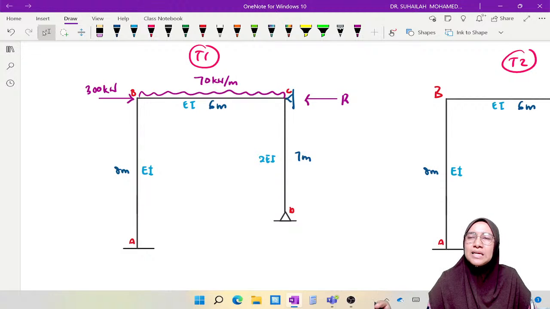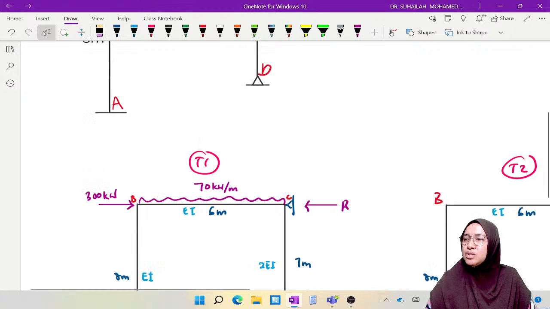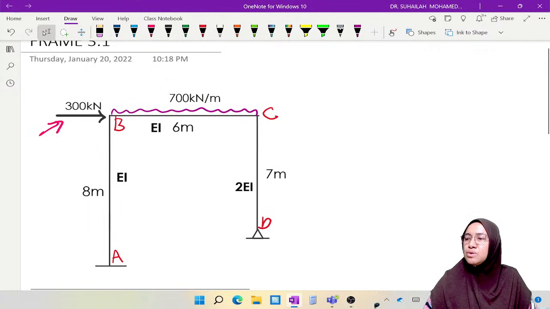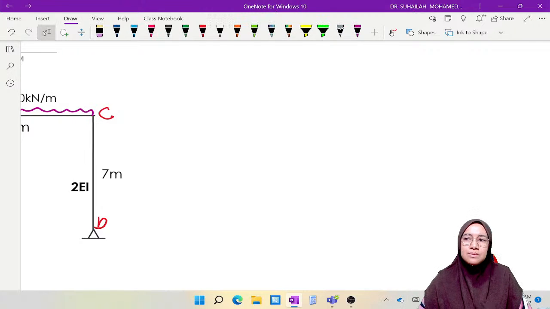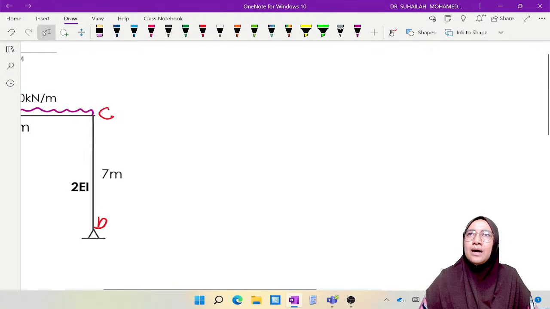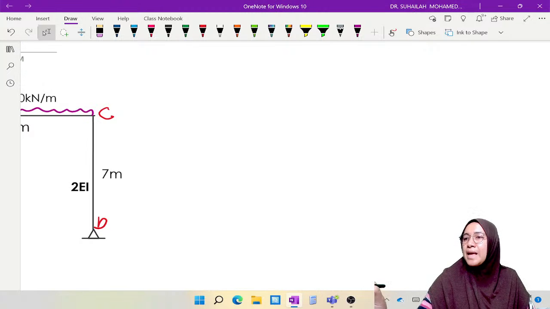So we will analyze fixed end moment first. We should know that in summary, the procedure to analyze frame using MDM has 4 steps.